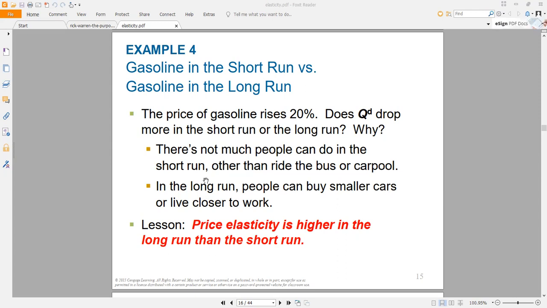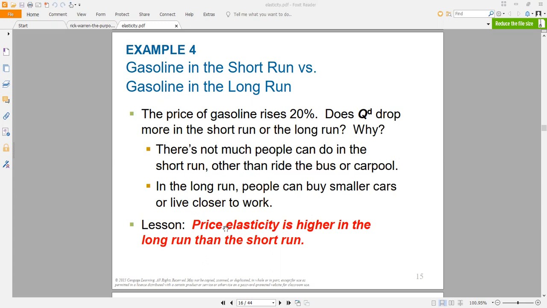So in the short run, whenever there's an increase in price, you are unable to actually reduce your quantity demanded by a greater percentage. You can't actually change it, but in the long run, you can actually respond.